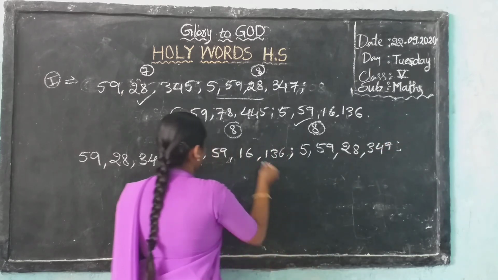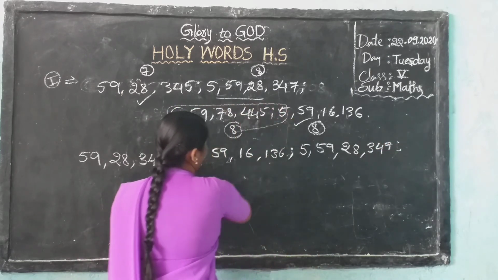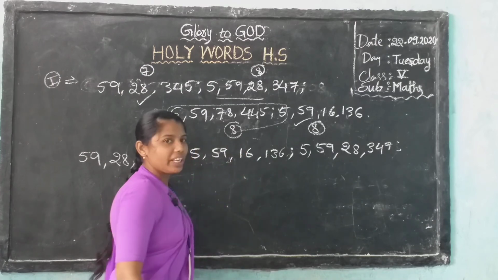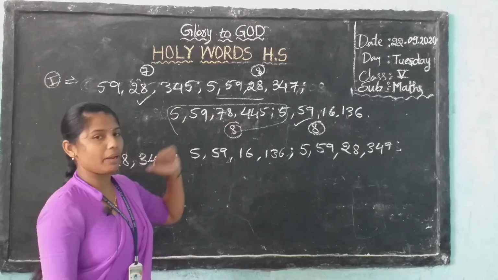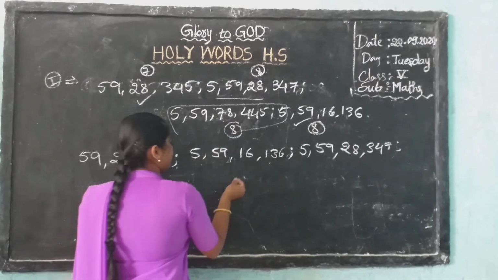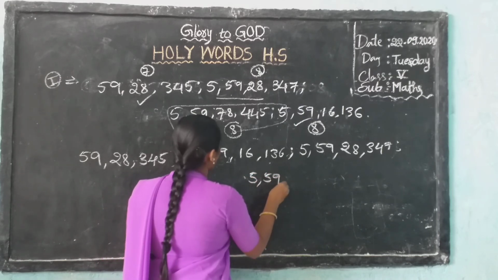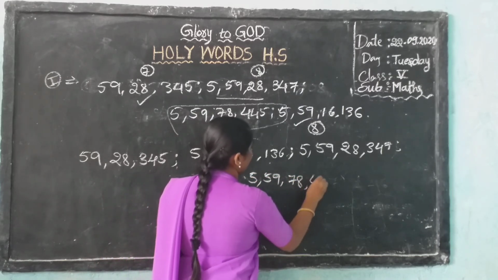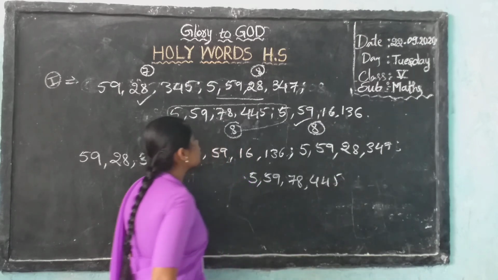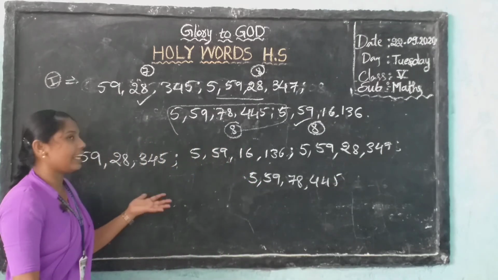The last number, this one, is the biggest number among these four: 5 crores 59 lakhs 78,445. So this is the ascending order.